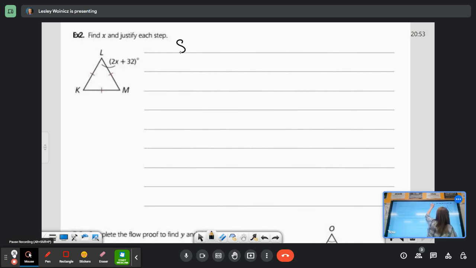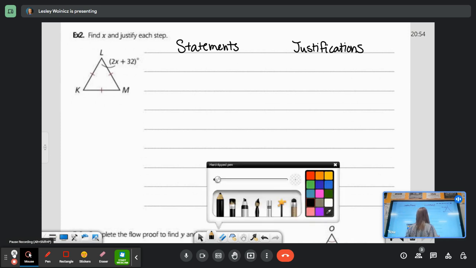We need our statements and our justifications. So let's list our givens first. What do we know?